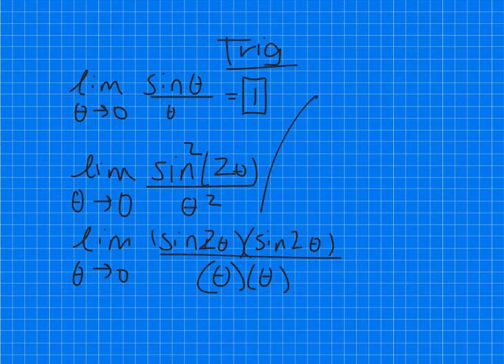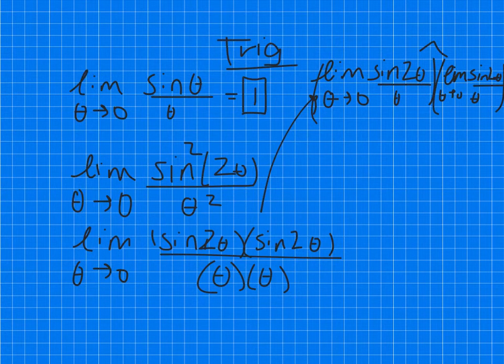So the limit, and you're going to have 2 of these. The limit of the sine of 2 theta over theta multiplied by the limit of the same thing.